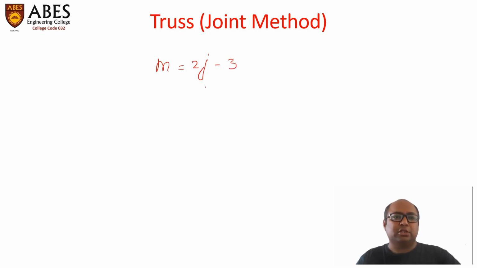Let us understand each part of this equation one by one. m represents the number of members in the truss, and j represents the number of joints in the truss. If m equals 2 times j minus 3, then the truss becomes statically determinate, and it is possible for us to find the force in members of the truss using the method of Newton, that is, the concept of equilibrium.